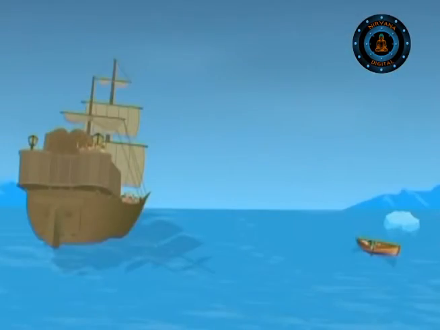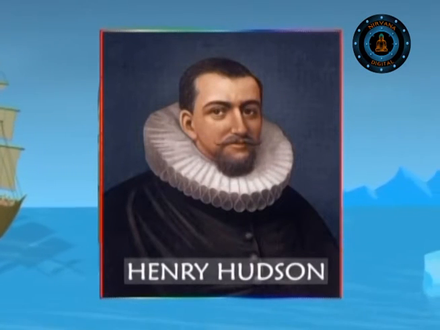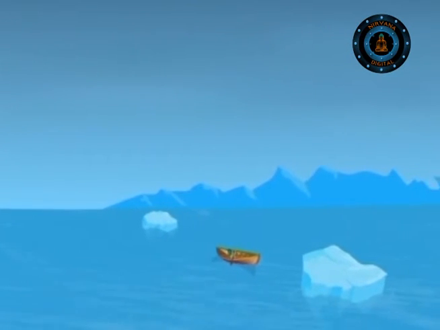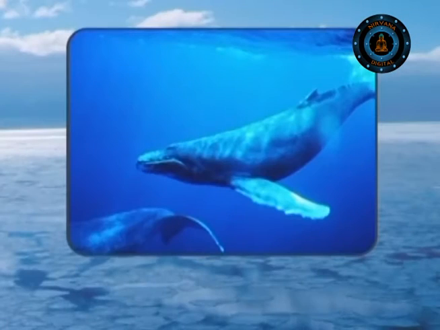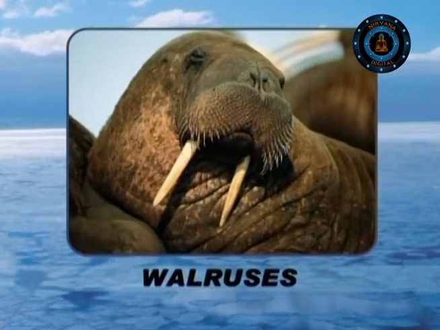Hudson Bay has been named after an English explorer, Henry Hudson, who disappeared in the year 1611 after his crew cast him adrift in a boat. This bay is full of whales, seals, and walruses, making it rich in marine wildlife.